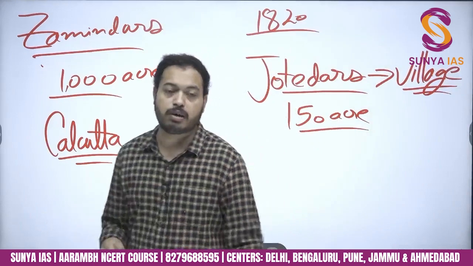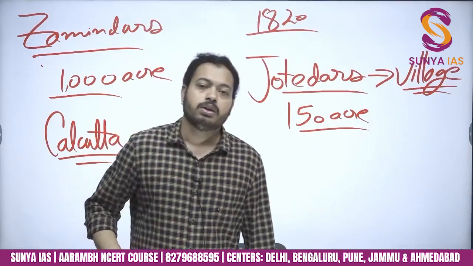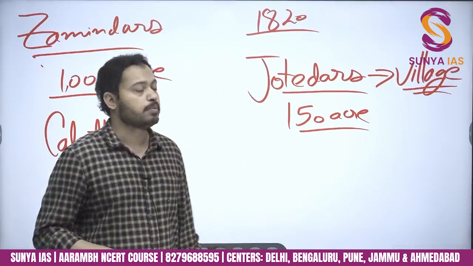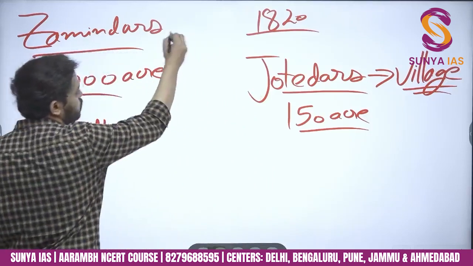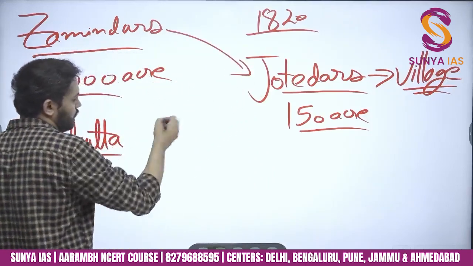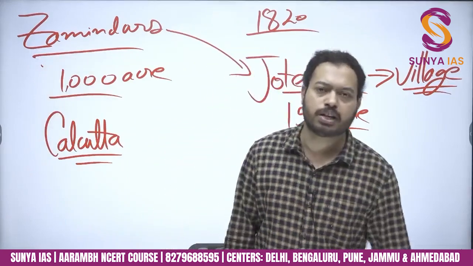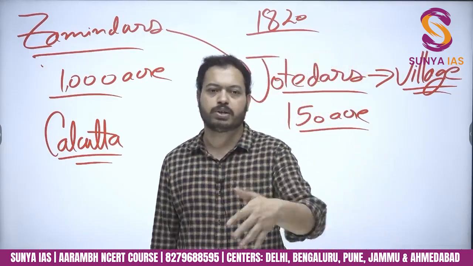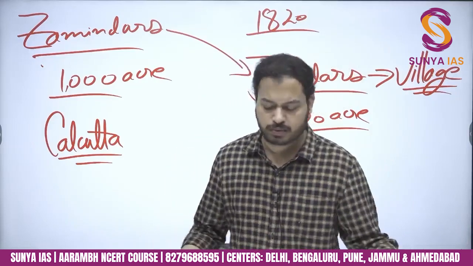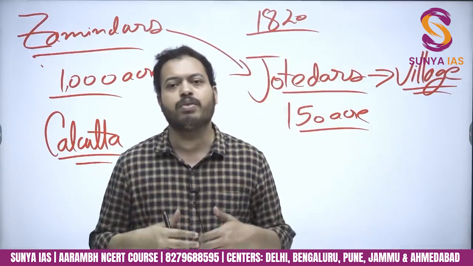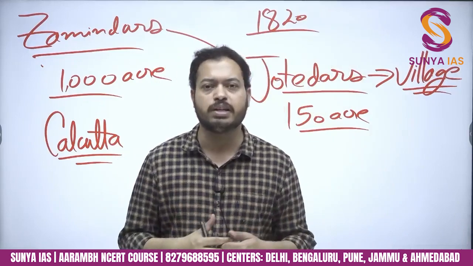and therefore over the period they became the commanding authority among the smaller farmers. In certain cases the zamindars started giving the responsibility to jotedars to collect the revenue, and in these circumstances jotedars also started using corrupt practices, and instead of paying whatever was decided, they were paying far lesser to the zamindar who was living in Calcutta.